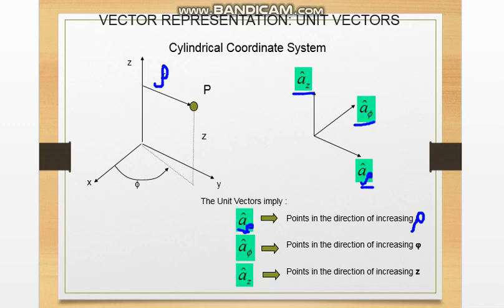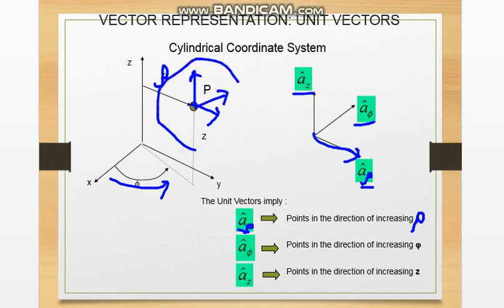Rho is the direction for r, z is the direction of the upper side, and phi is from x to rho, in that direction. So we can find out the point that way.